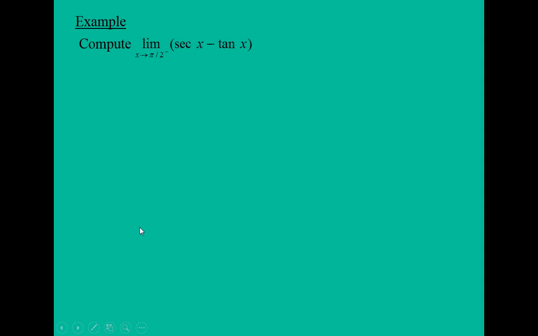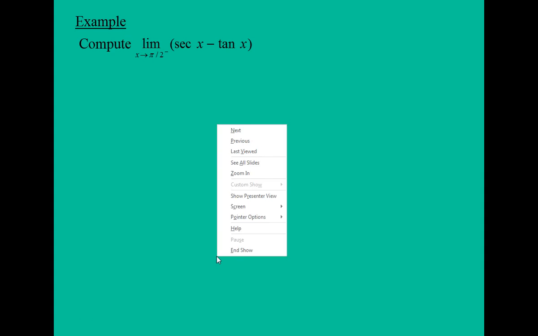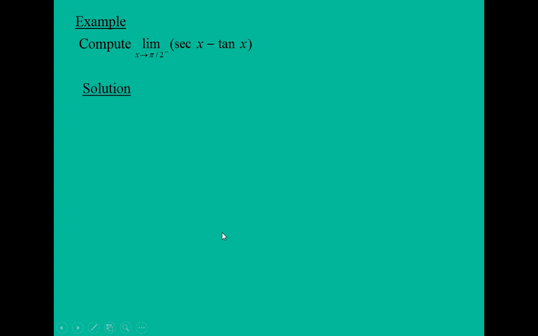An example of this one: if we want to compute the limit of secant of x minus tangent of x as x goes to pi over 2 from the left, if we use direct substitution, we would get infinity minus infinity.